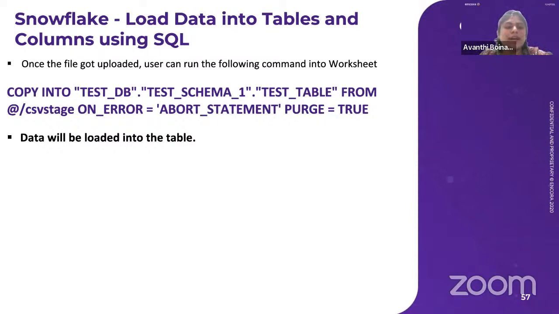For that, we use the below command: COPY INTO, giving the DB name, schema name, table name, from whatever CSV or other file was uploaded, and we should give the statement PURGE equals TRUE. Data will be loaded successfully into the specified table. So this is about loading data into tables using the SQL process.